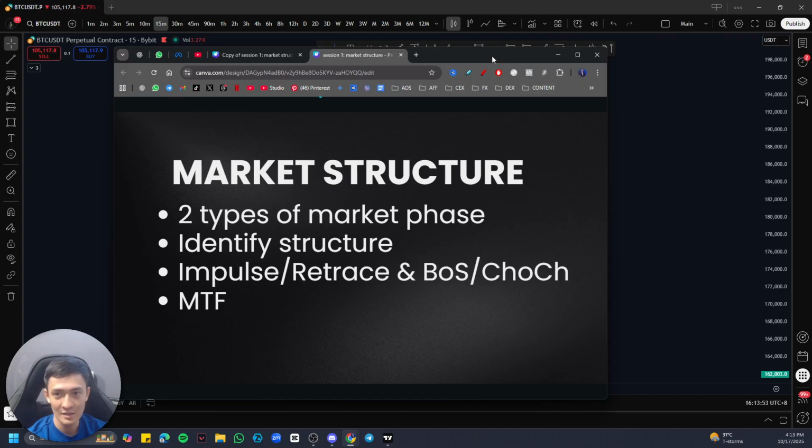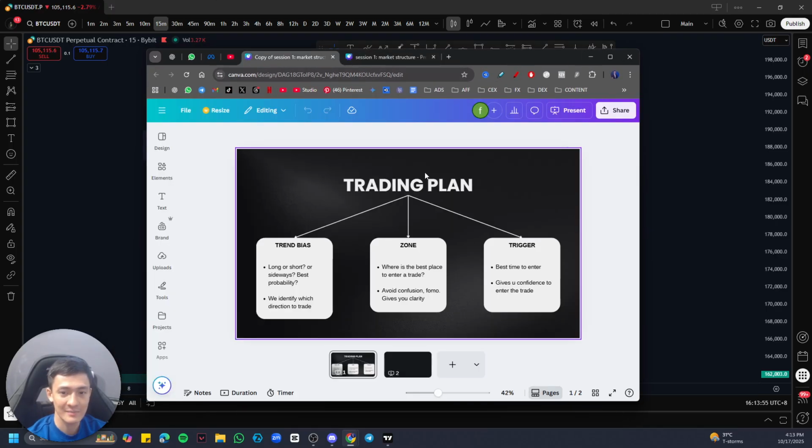Okay, so I hope this gave you some clarity on the power of trend bias, being able to identify the market structure. This helps you determine the best probability. Should you long or should you short? Where are you currently sitting in the market?